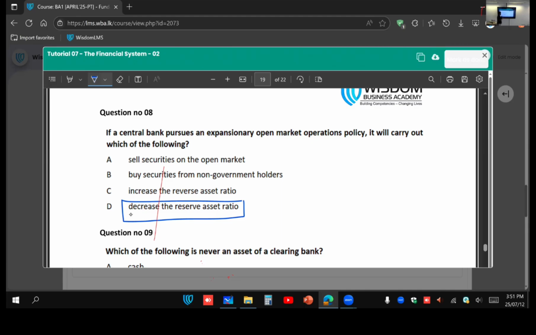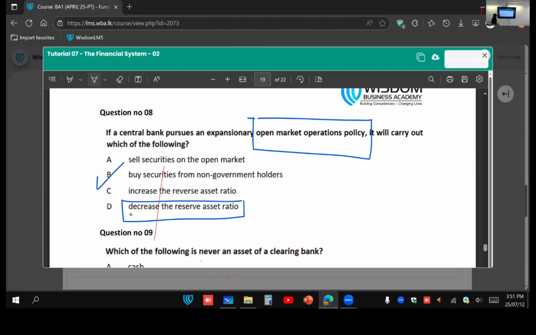So decrease the reserve asset ratio means now only 1 rupee. So more money is coming into the market. True, but they are asking about open market operations. Answer is B. Okay. Understood? Clear?